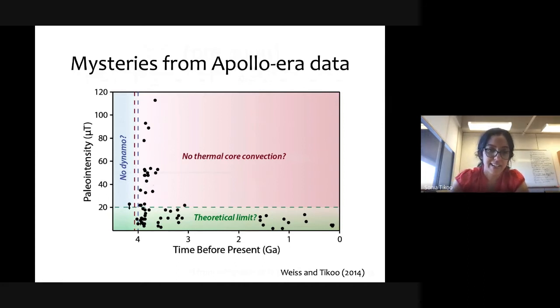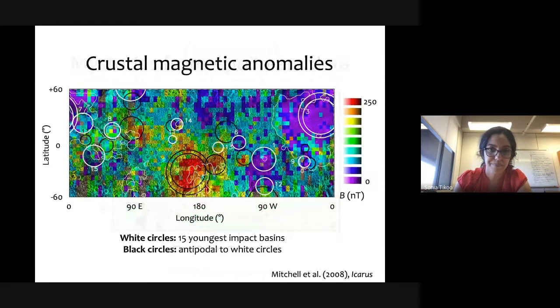And then finally, these same thermal evolution models predict that you should not have a lunar core convection and heat loss from the core after about 4 billion years ago initially. So the fact that we had high paleo intensities after that was also mysterious. So this really prompted us to revisit Apollo samples and really dive into their magnetism again.